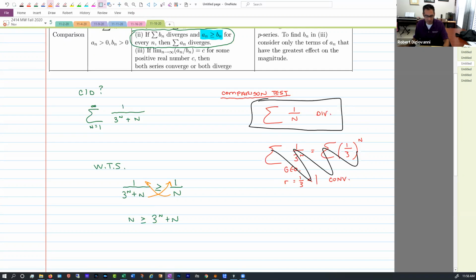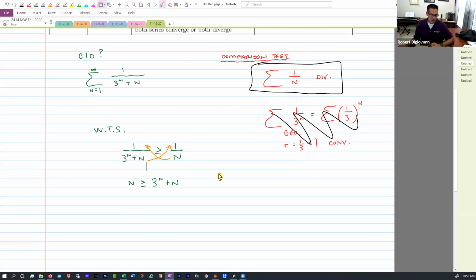We're clearing fractions technically, but students just love to look at that as cross multiplying. So is this true? No. Subtract n on both sides and you get 0 is bigger than or equal to 3 to the n. And that is not true, right? 3 raised to any power is going to be a positive number. This is not true. Okay.